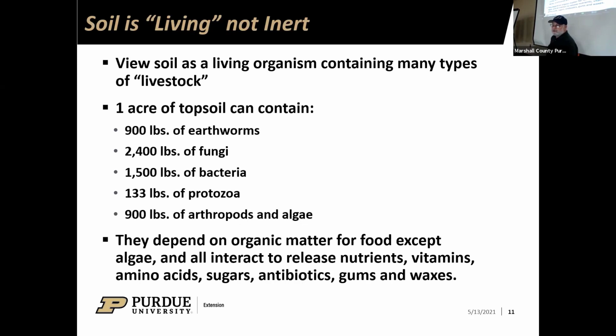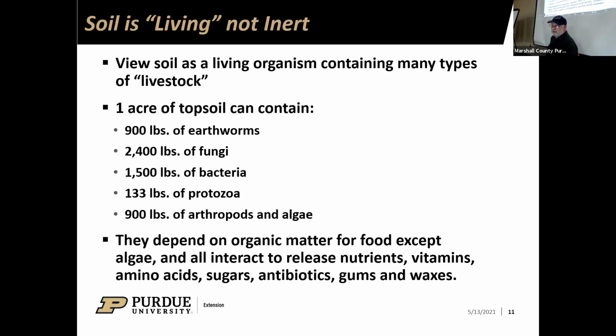Just quick numbers. One acre of topsoil contains 900 pounds of worms, 2,400 pounds of fungi, 1,500 pounds of bacteria, 133 pounds of protozoa, and 900 pounds of arthropods and algae.